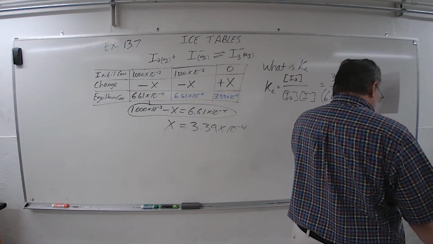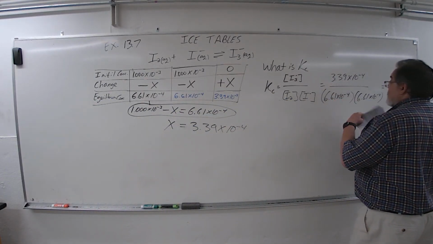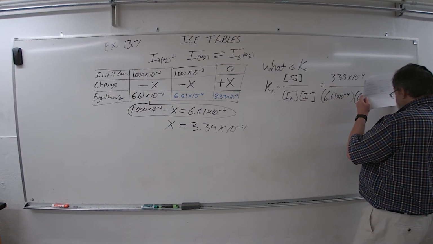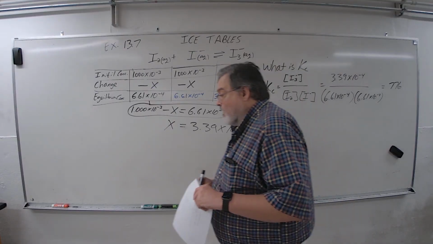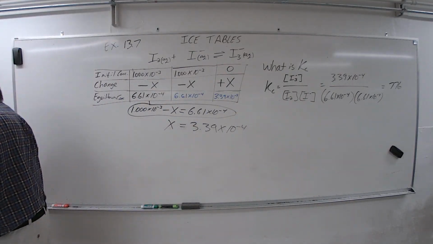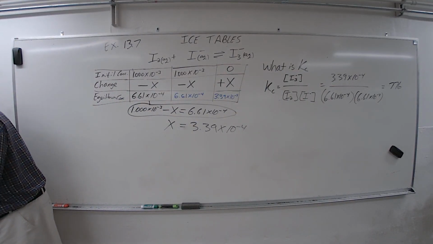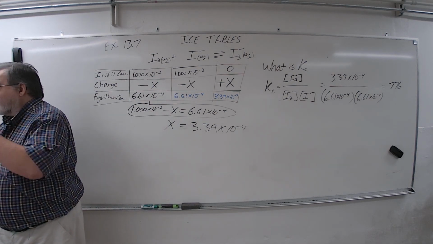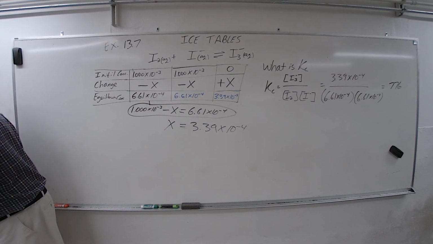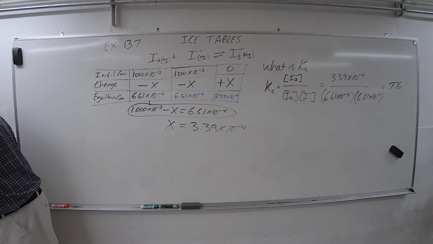I guess this comes out to 776. So that's how you use the ICE table to solve for Kc. And again, note, we had some initial concentrations and some final concentrations. Usually when you have that, you're dealing with an ICE table. Initial concentrations, final concentrations.